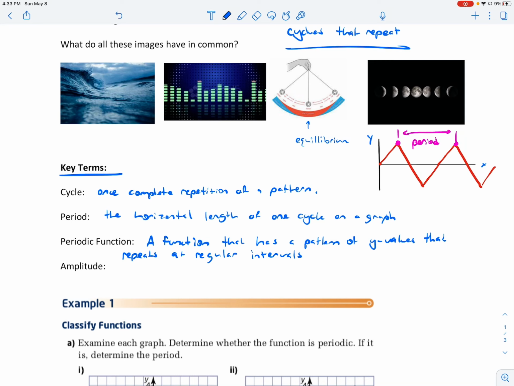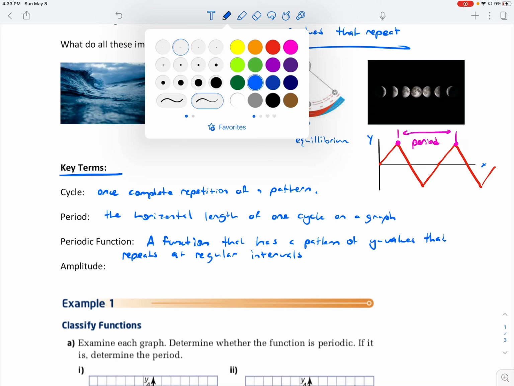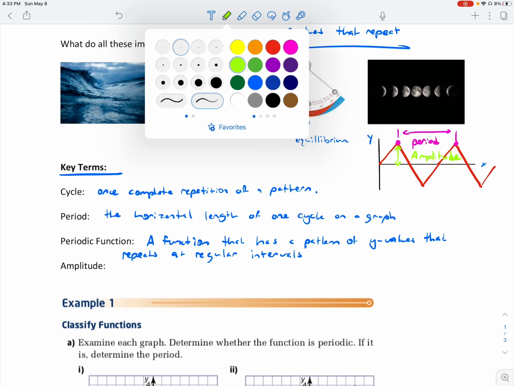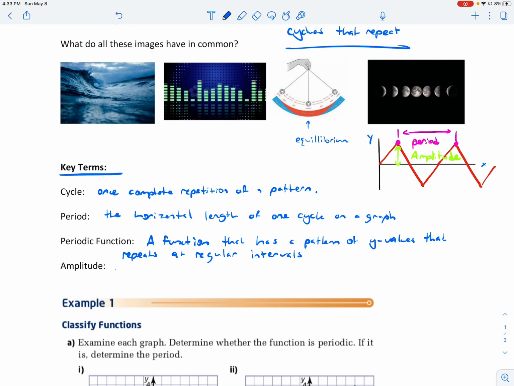All right, so when we're talking about a periodic function, sometimes it's helpful to describe certain characteristics, like perhaps the height of this graph, which we would call the amplitude. That's the distance from the middle all the way to the top. Another way of describing this is half the distance from the maximum to the minimum of the graph.